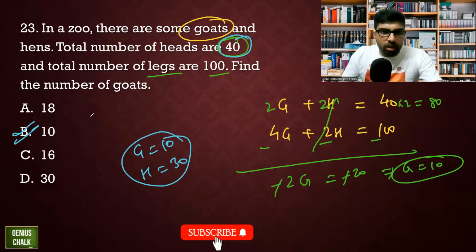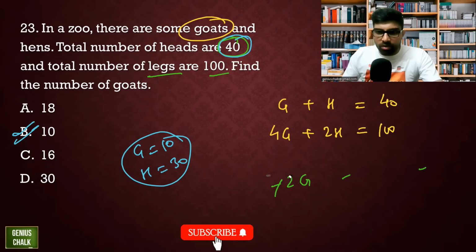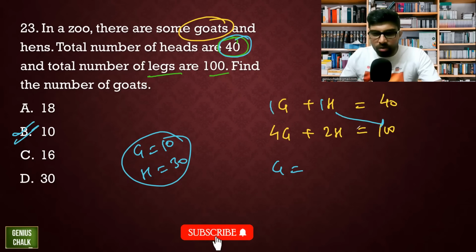This is my first way, and you can solve these two equations by the method I have discussed, the cross multiplication method. So let's try that way. So it is for g, this time if you don't want to use minus, so this is 1, this is 1, so it is 100 minus 40 into 2, 80, divided by this into this.